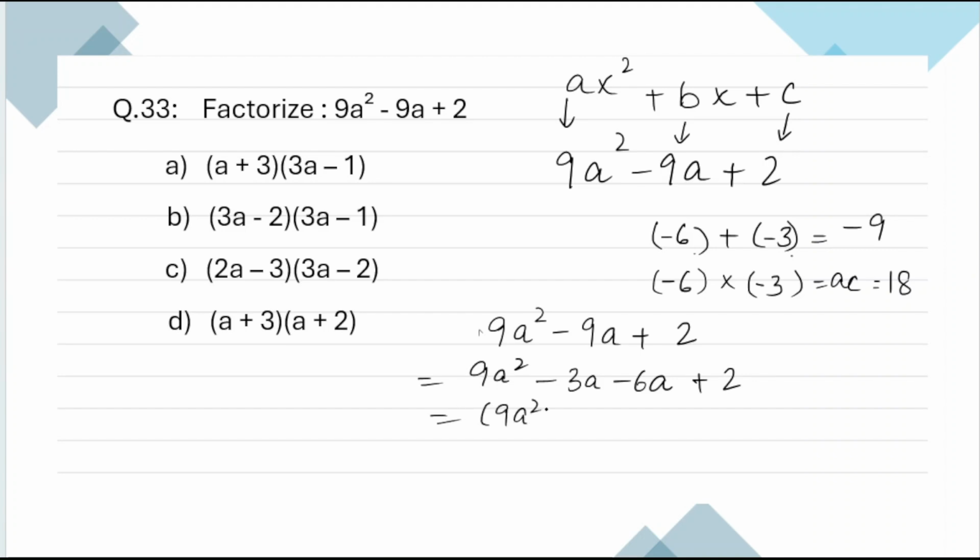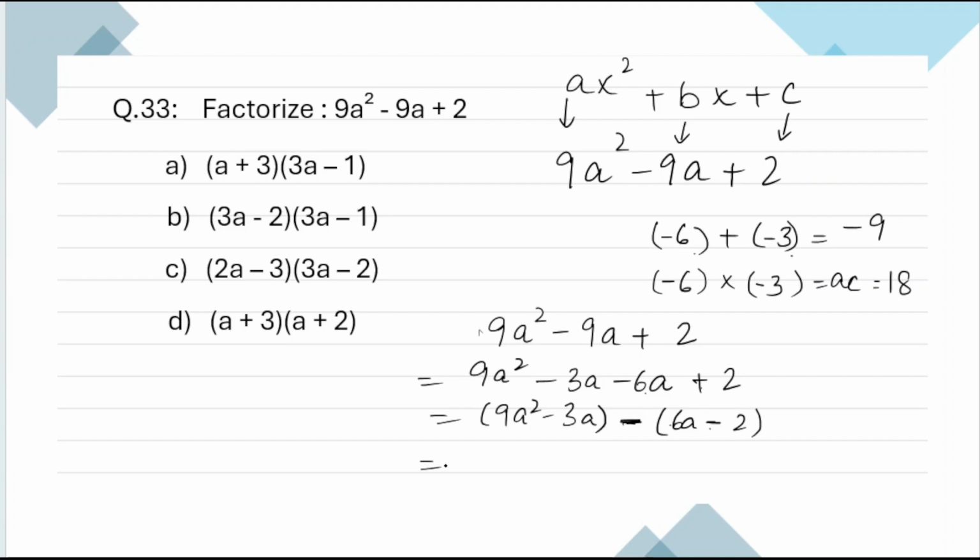So 9a square minus 3a minus, group this one. But when I'm grouping these two, since my sign outside is minus, the inside signs will get changed. So this plus will become minus. Because if you open this bracket, this positive 6a will become negative 6a and -2 will become positive 2 because of this minus sign outside.